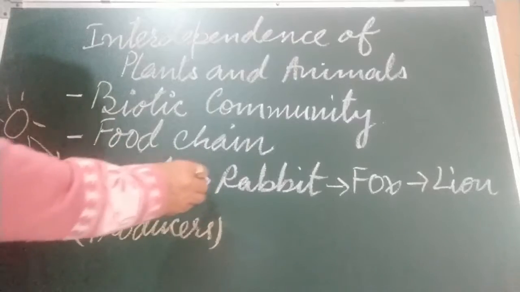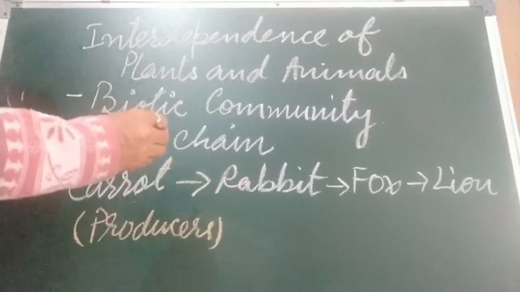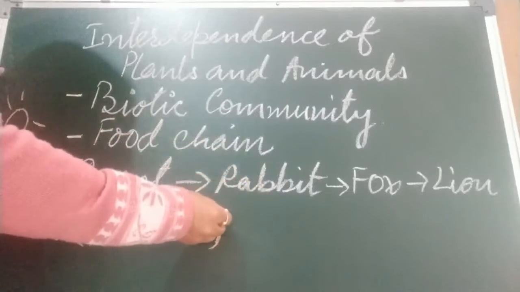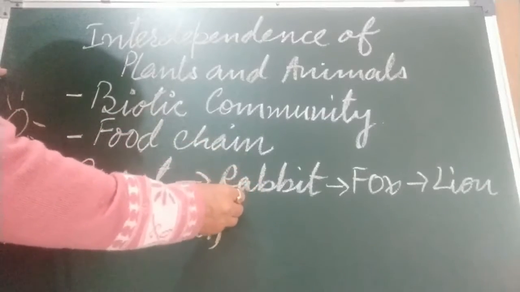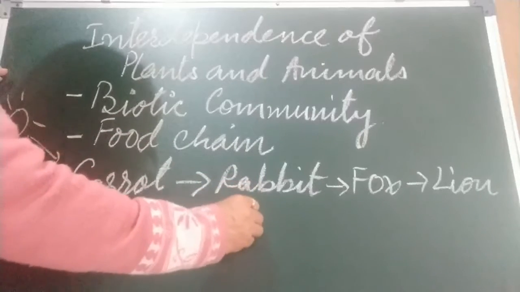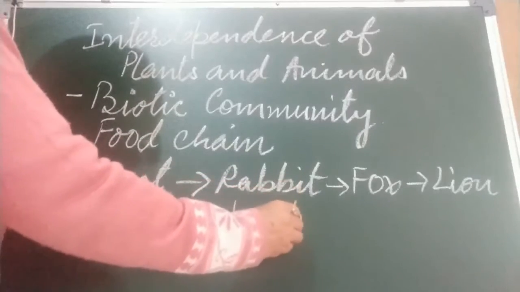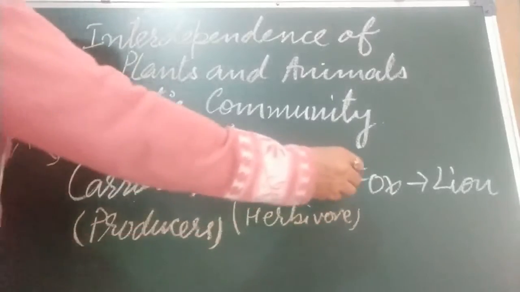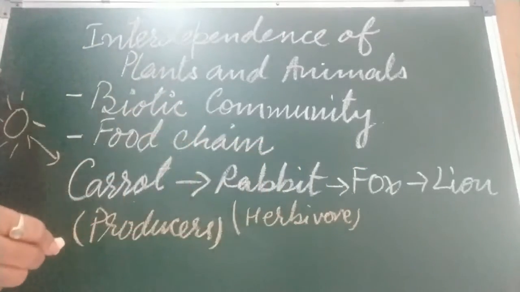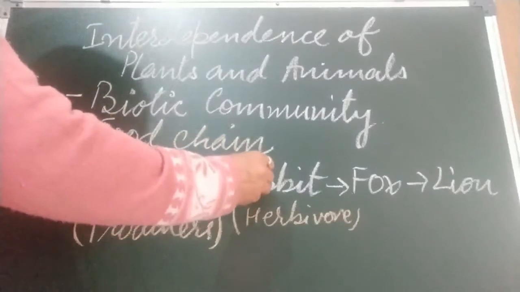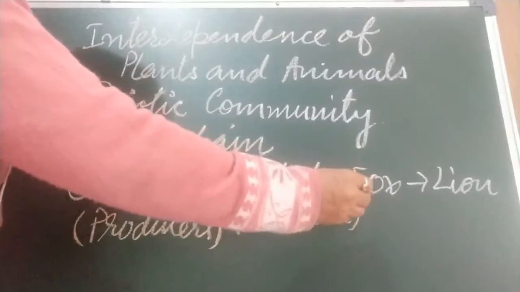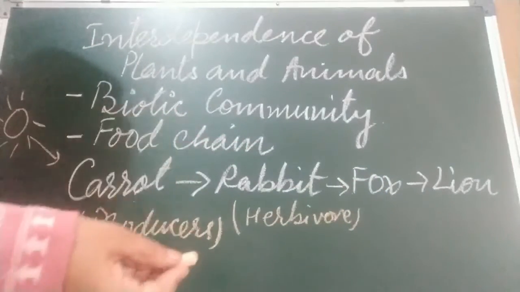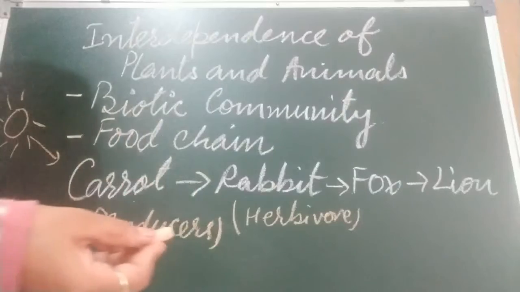This carrot is eaten by a rabbit. The energy transfers from carrot to rabbit and its body. This is the consumer, and the first consumer is always a herbivore. A fox eats the rabbit and the energy transfers from rabbit to fox. This is the secondary consumer, and they may be omnivore or carnivore.